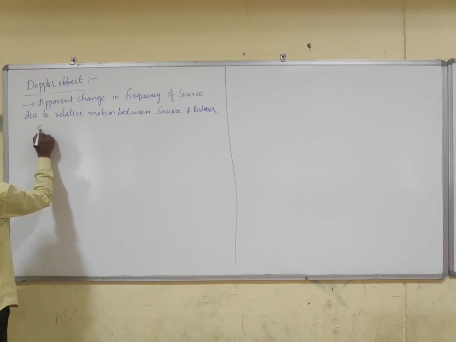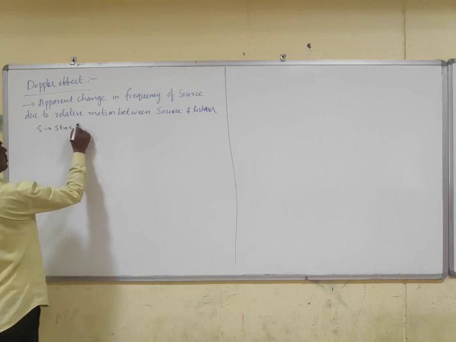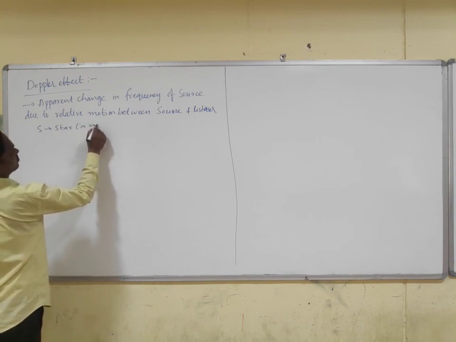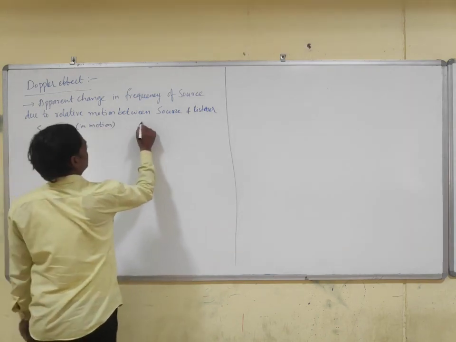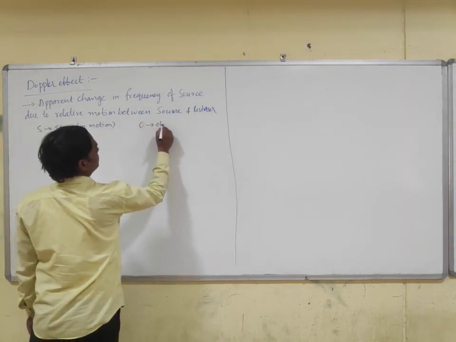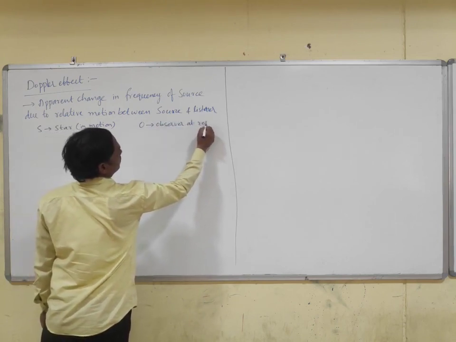Here source S is a star, it is in motion. O is the observer at rest.